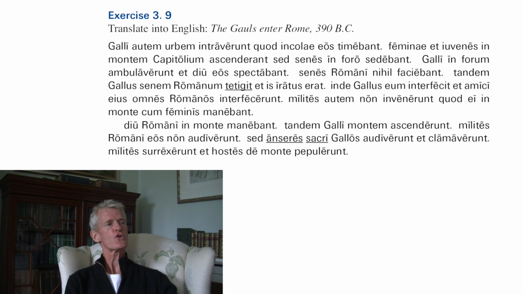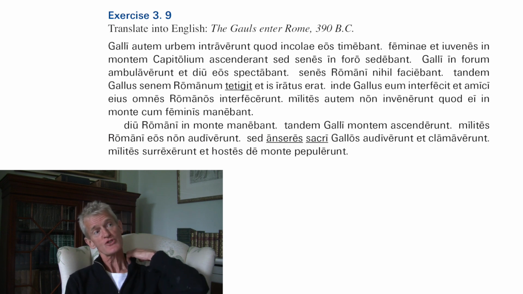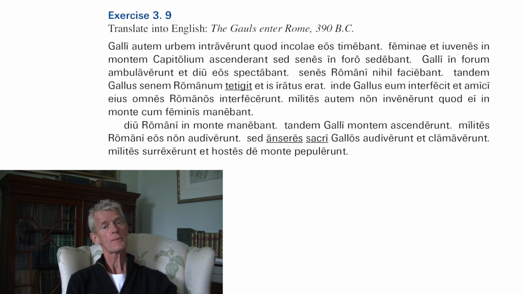Milites surrexerunt, et hostes de monte pepulerunt. Okay. Two clauses, surrexerunt, there's a third person plural, subject is they, or a noun in the nominative. Now, surrexerunt is coming from surgo, to rise up.